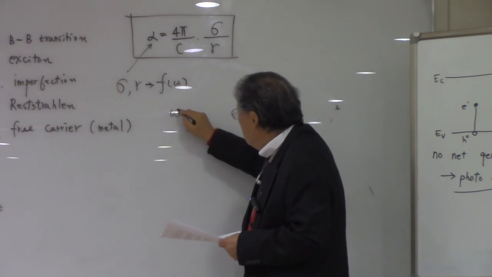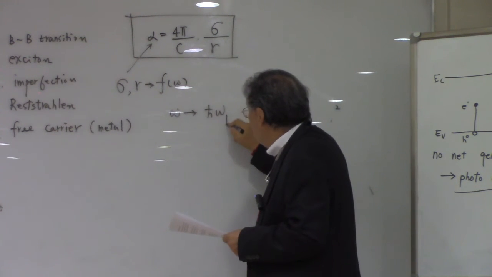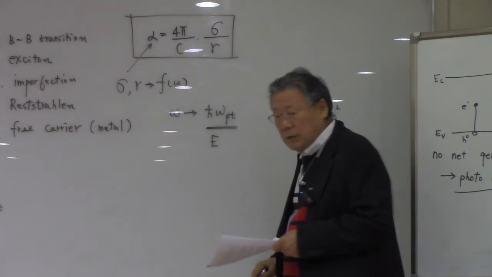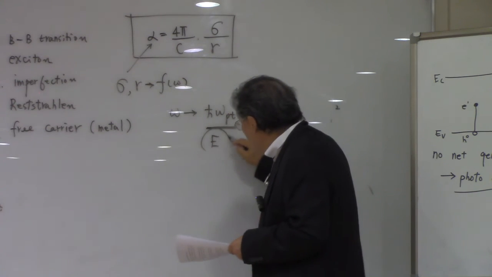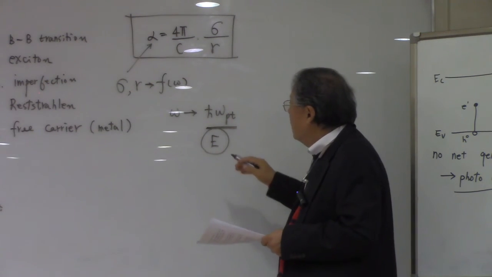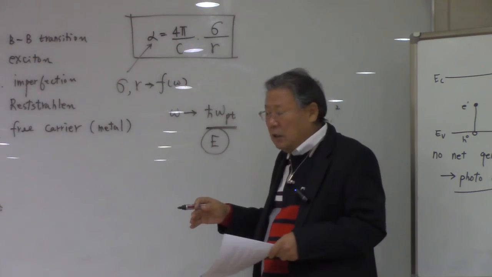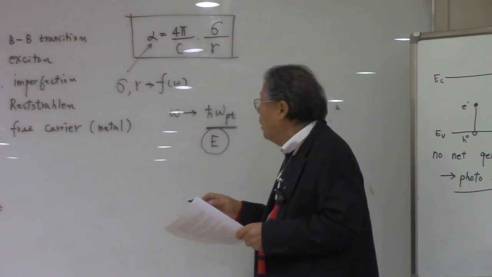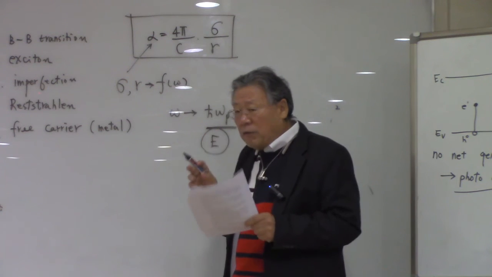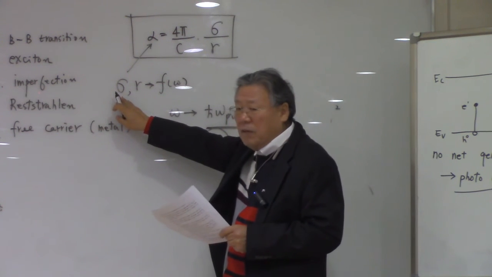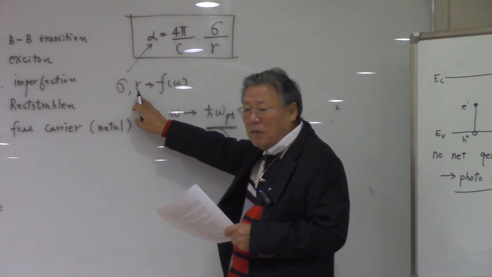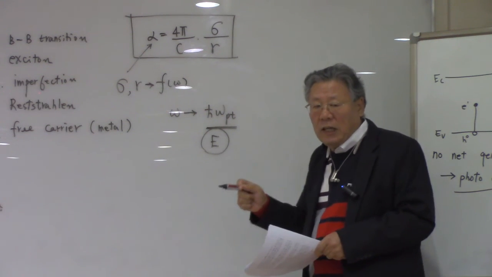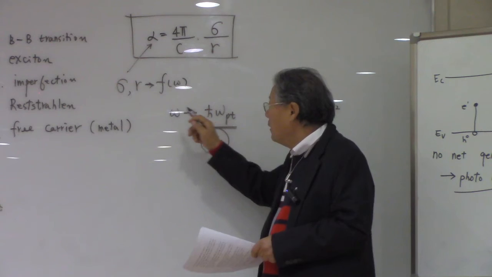This frequency is related to the h bar omega of the photon. In this way, it is related to the energy of the photons. So with the energy of photons, light energies, the absorption constant is going to be changed. And if you want to understand how the absorption constant is going to be changed with the light energies, then you have to understand how the conductivity sigma of the material and the refractive index is going to be changed with the frequency of the light, which determines the energy of the light, right?